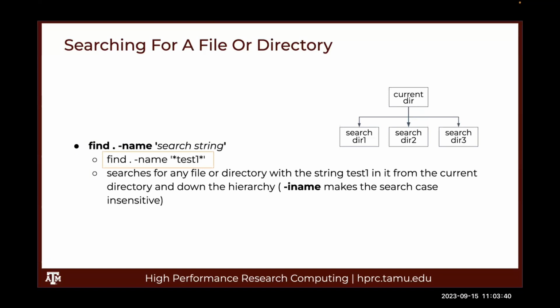Then we say -name, which says you want to search for a particular string, and then you provide that string. In this case, it's going to be any files that contain test1. If you use -iname instead of just -name, it makes the search case insensitive, which is nice.